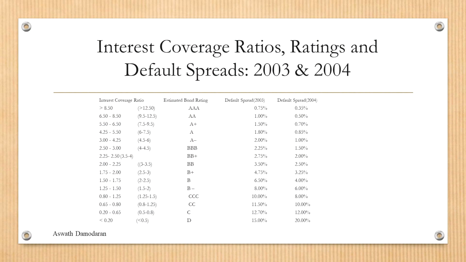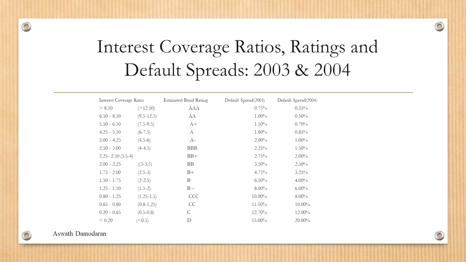So in this example, let's say in year 2003, if you are estimating cost of debt for a company that has A rated bond, then default spread is 1.8%. Let's say in year 2003, the risk-free rate is 2.5%. The cost of debt would be 1.8% plus 2.5%.